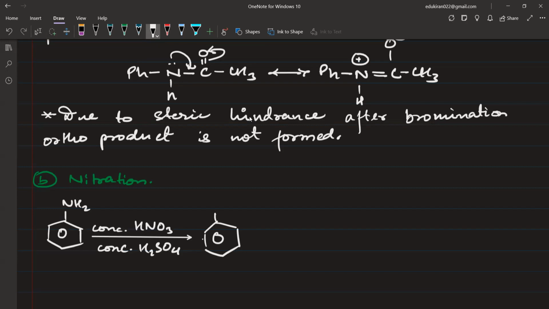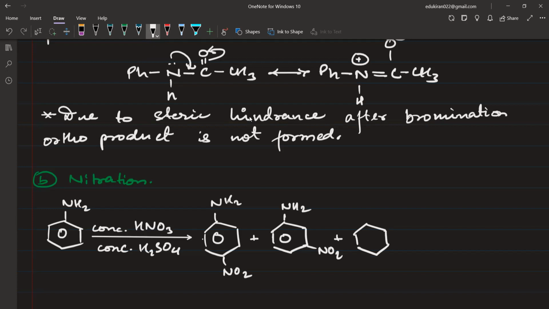You get 3 products. एक तो आपके पास para substituted NO2 plus you get meta substituted NO2. And you also get ortho substituted NO2.